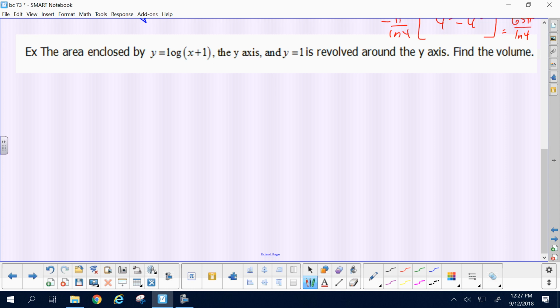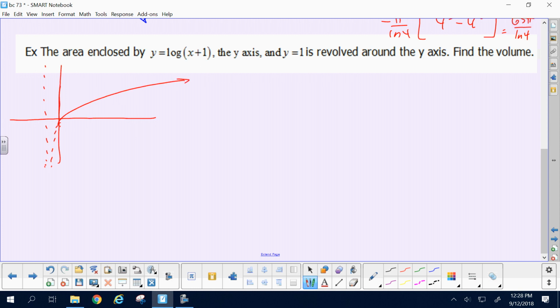Hold your horses. I don't know how to draw a log. I think I screwed it up. Is that left one or up one? Left. What's the base? 10. That's called the common log, base 10. That's good.